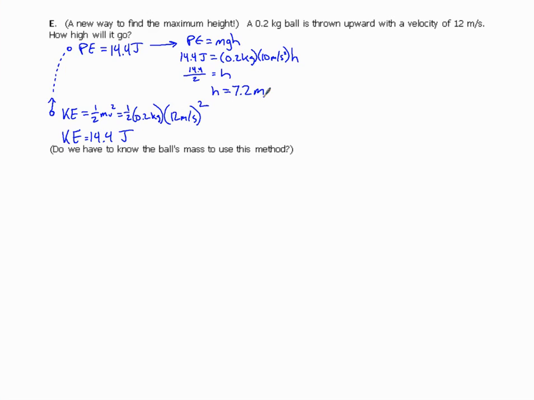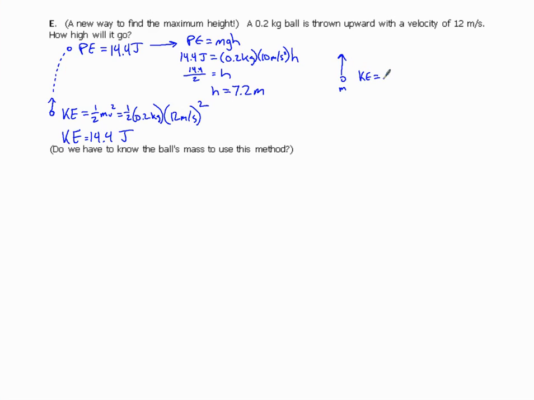So here's a question. Do we have to know the ball's mass to use this method? So let's do this over here. Here's my ball of mass M. Here it is being thrown upwards.